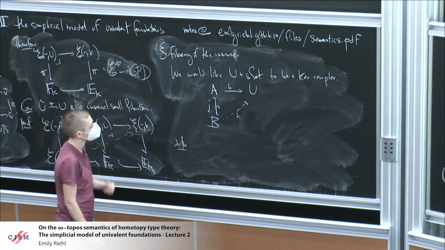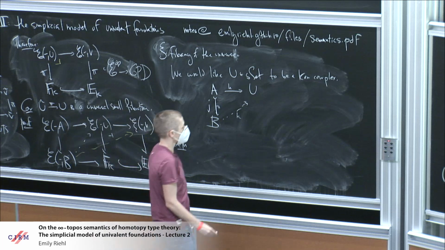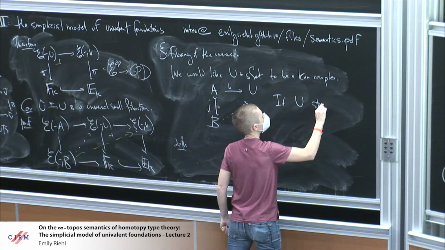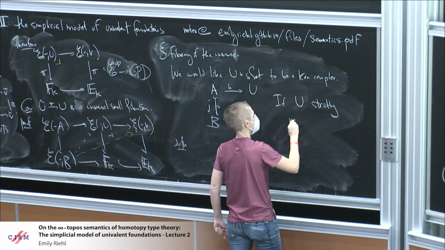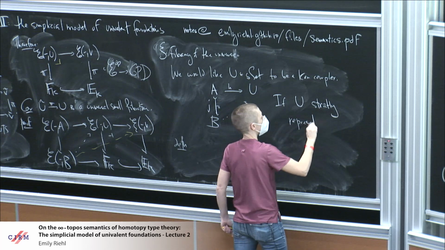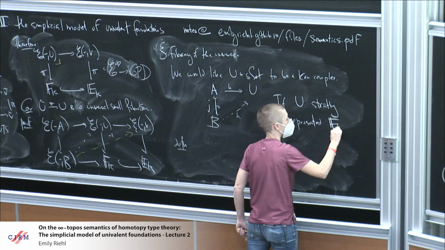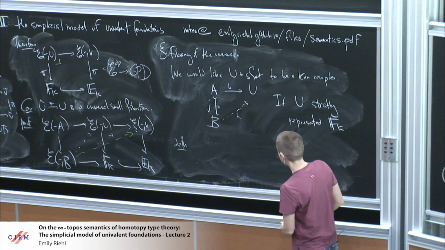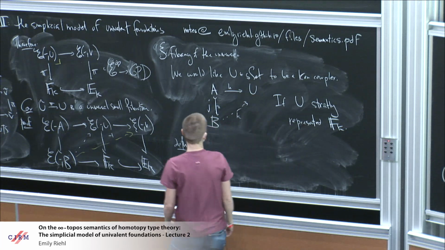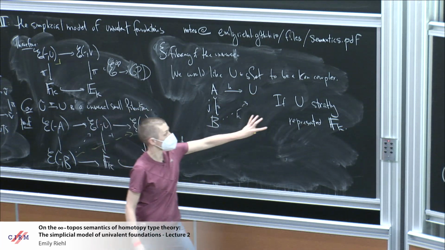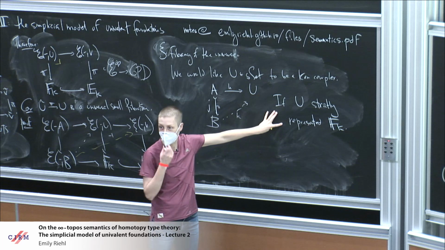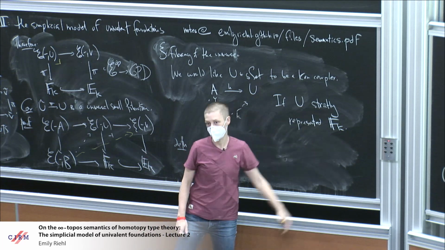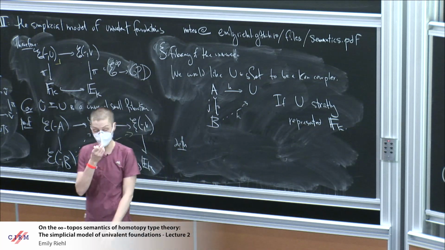So if the universe strictly represented small fibrations, this definition would unpack as follows. Remember, this is not the case. I do not have an isomorphism between the representable functor at U and this functor of small fibrations.